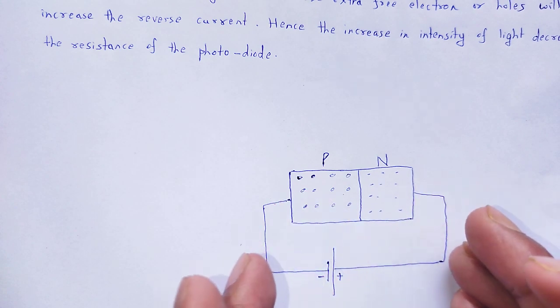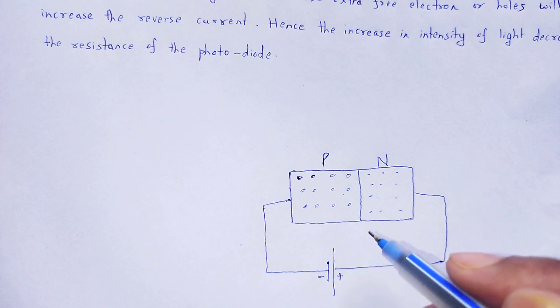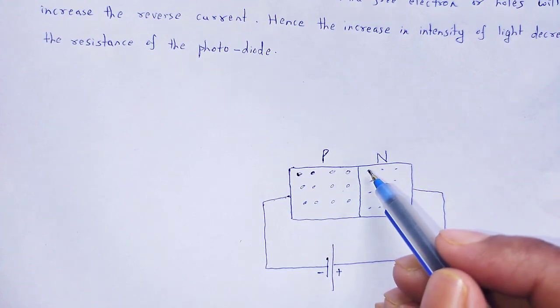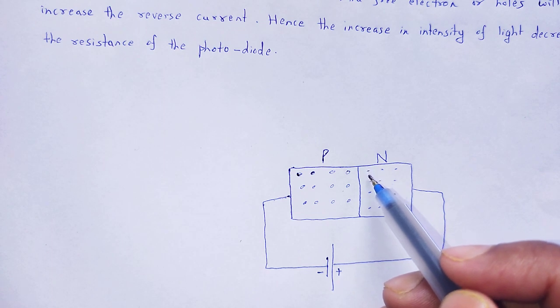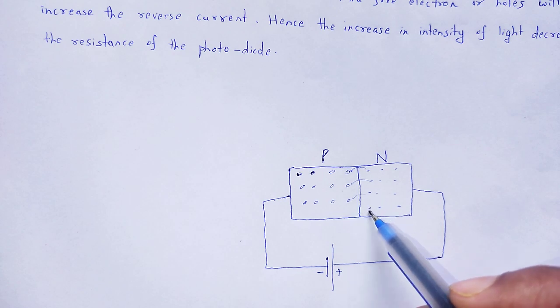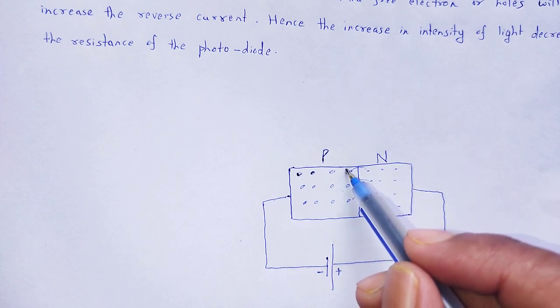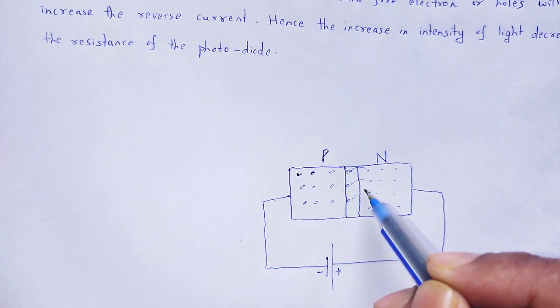When there is no external potential applied, the electrons fill the holes, and here a negative potential is developed.